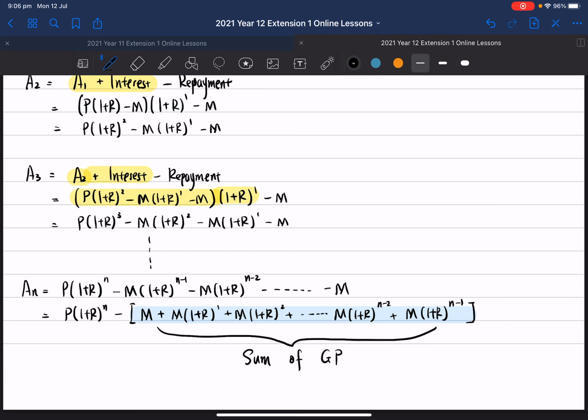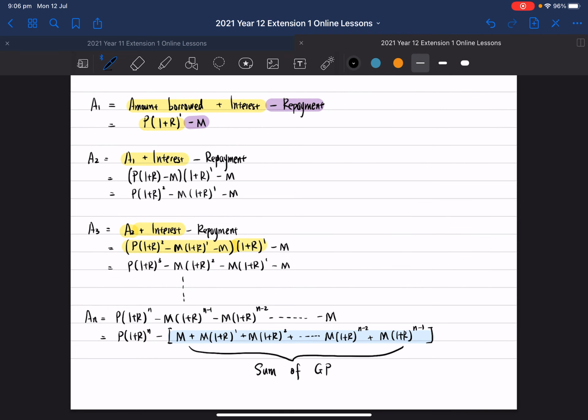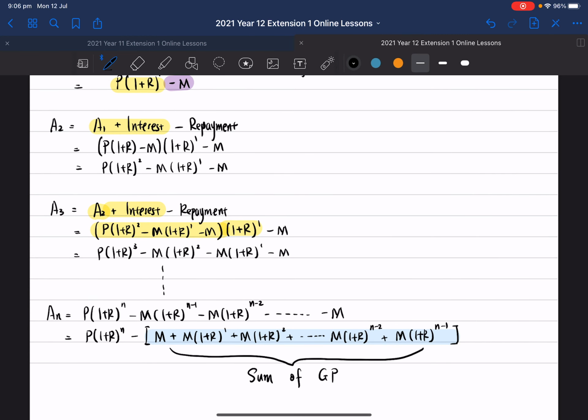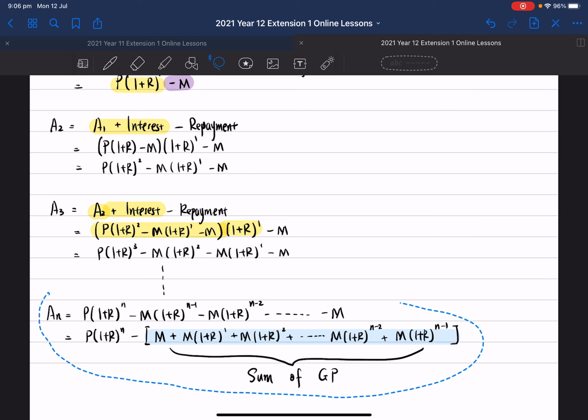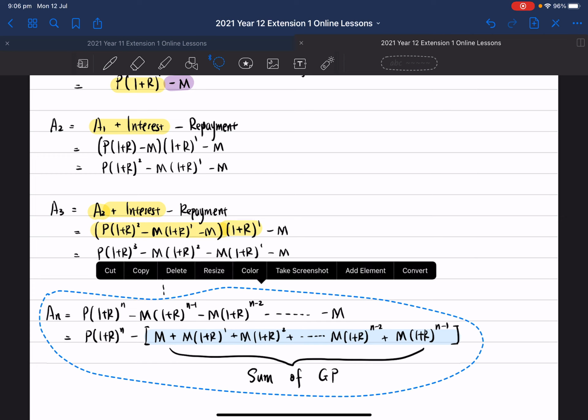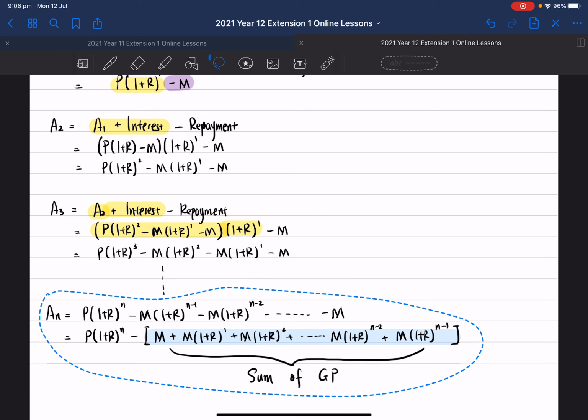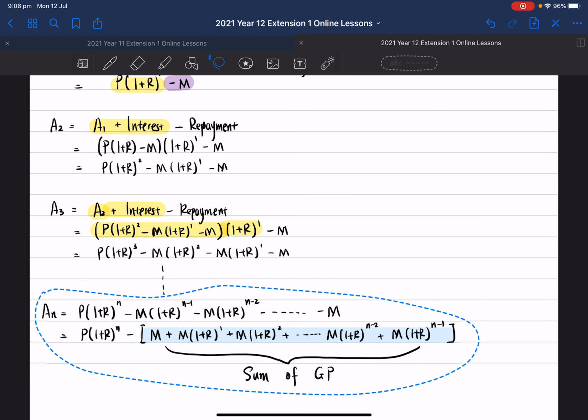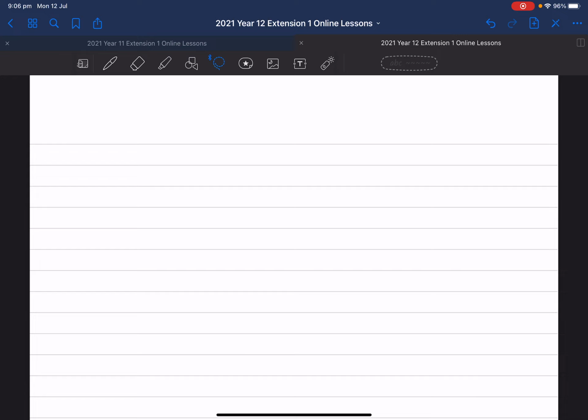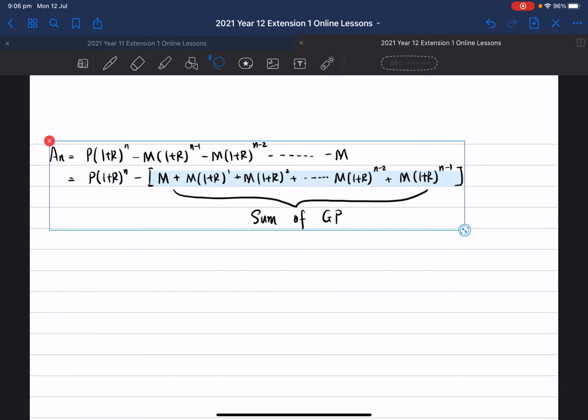So how do we derive a formula for GP? What we need to know is the first term A, the common ratio, and how many terms we have there. Let's do it on the next page. I'm just going to copy this one to the next page.